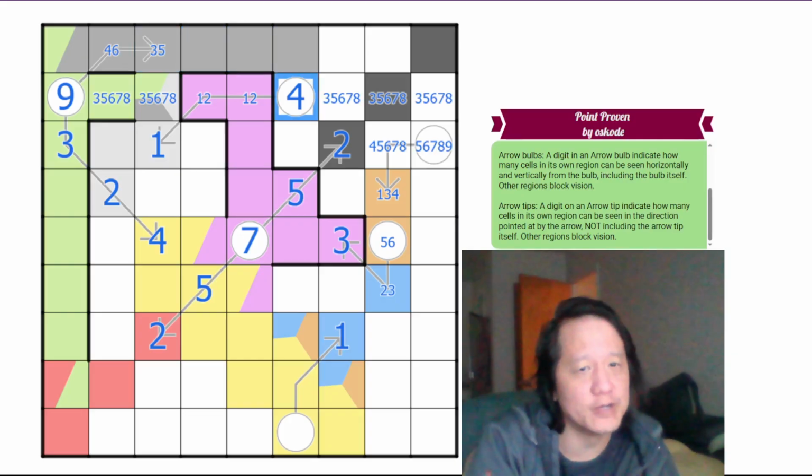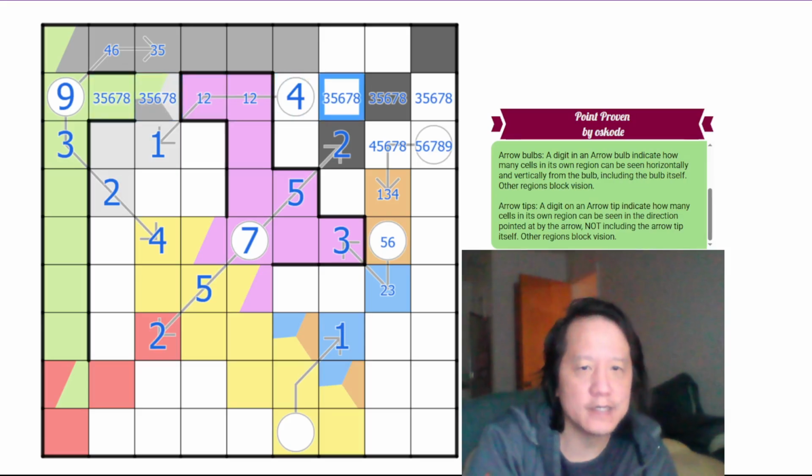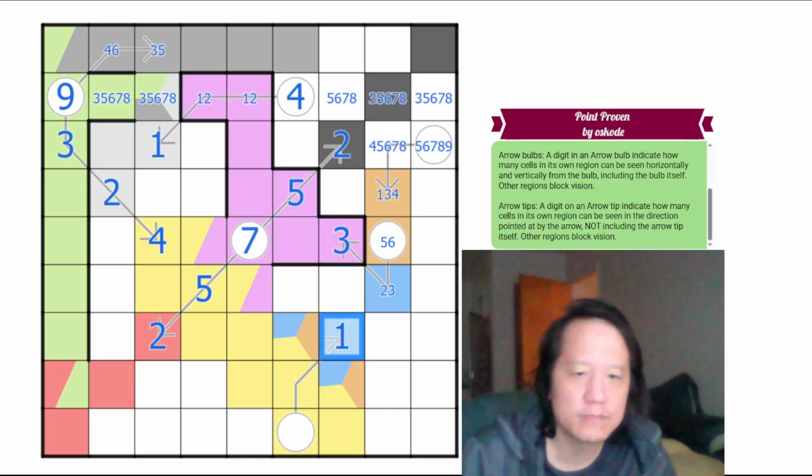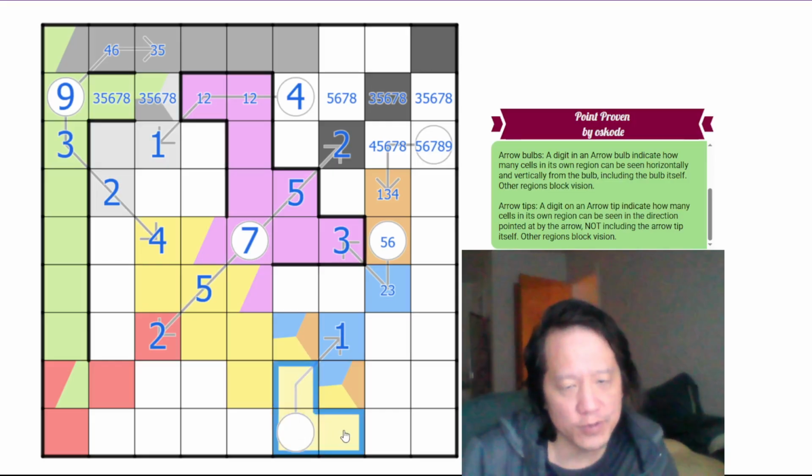I mean, it could be 3 going down here, too. This can't be 3 because of 3 in the column. This is 1. Interesting. This can see either 2 yellows, so that would be 3.